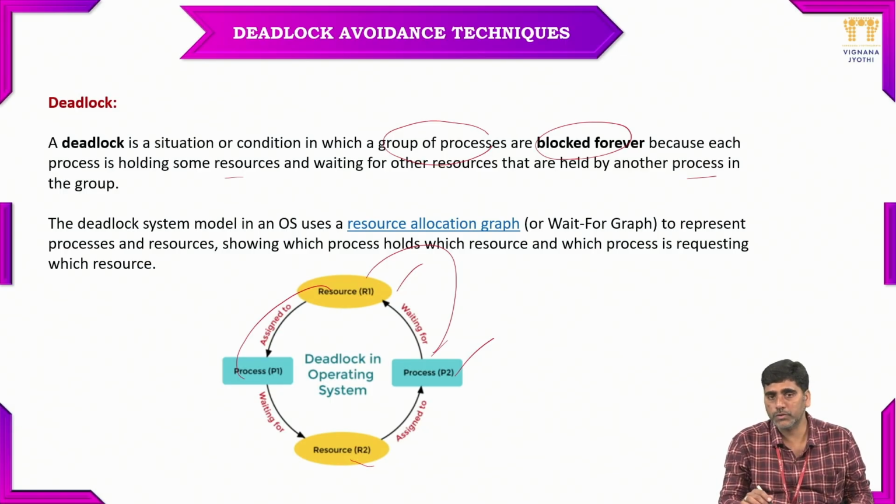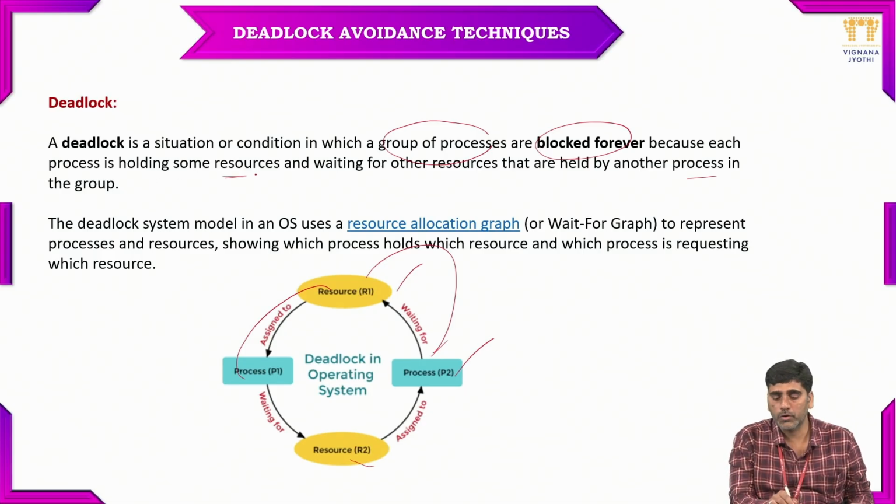So two resources are allotted and two or more processes are ready to occupy them. Here the situation occurs in which the group of processes are blocked forever.